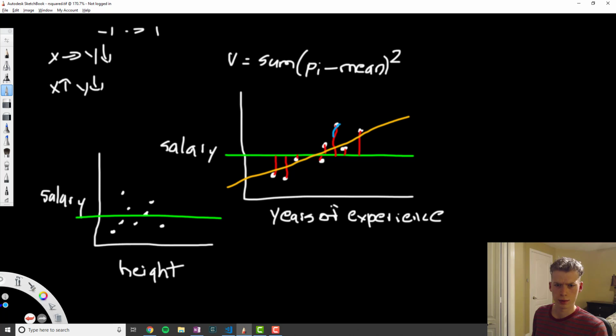Okay, so you end up drawing lines from the different data points, but this time to the best fitting line that we determined during linear regression, and that's going to be equal to the variance of the line. And so this right here is the variance of the mean.